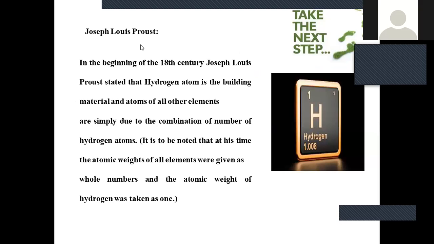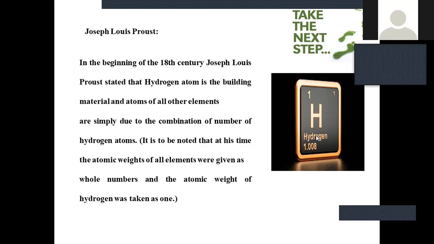Now, another scientist who made the next step in the classification of elements, Joseph Louis Proust. What he felt is, in the 18th century only, he made some assumptions. He assumed that hydrogen is the fundamental material.